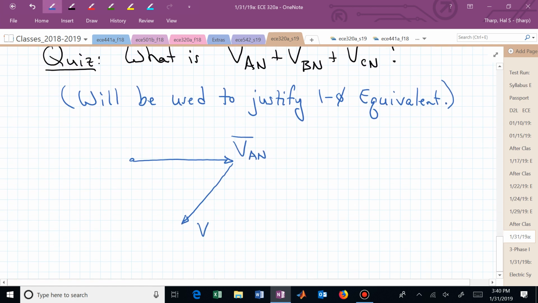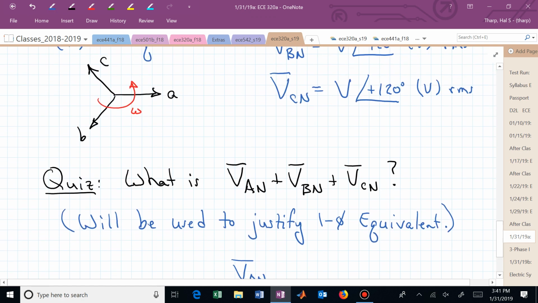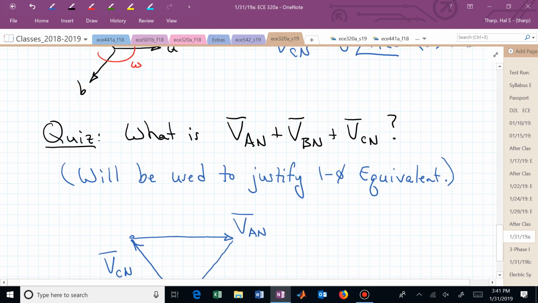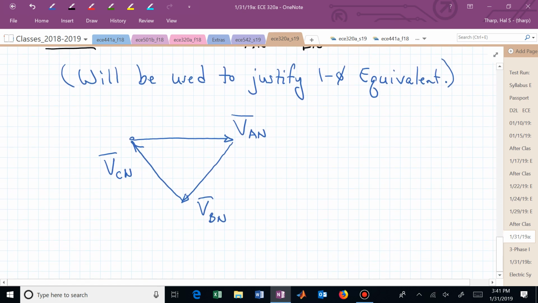So here is now V sub BN as a phasor, and you add to that V sub CN, which was going up at 120 degrees with the same length, and you get back exactly where you started. That's sort of the justification of why, if you have a balanced set of three-phase voltages or currents, their vector sum, their phasor sum is 0. And that's important, and we'll be using that a lot today.